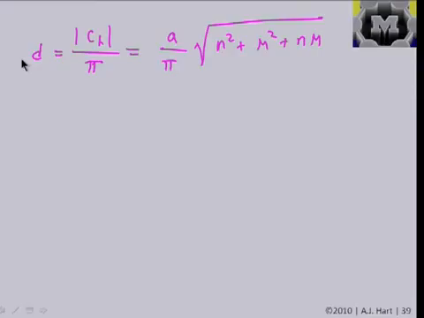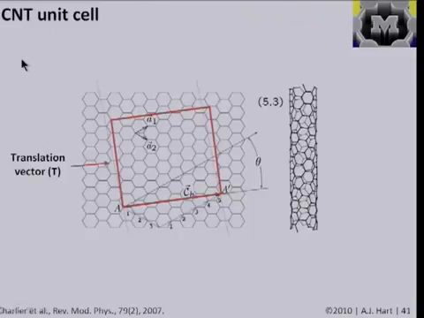And we can take this a few steps further. As you read the Charlier paper, you'll see how we can now derive the chiral angle, which is just the angle at which CH is oriented, because we know A1 and A2 relative to the lattice, and we know CH, then we can just back calculate theta. And we can also define the unit cell of the nanotube, which is the minimum repeating unit.